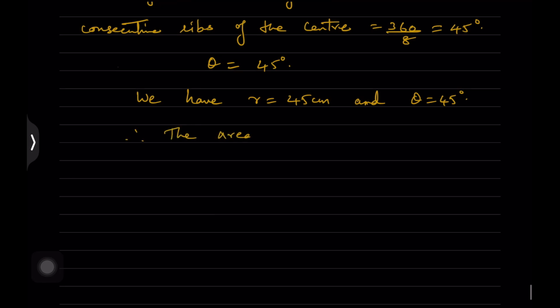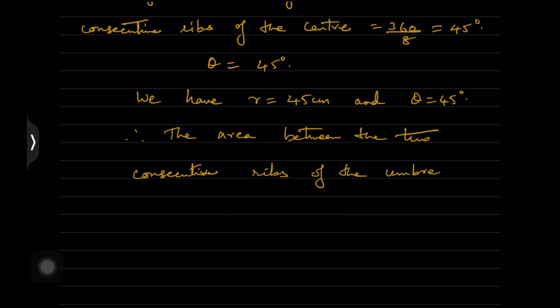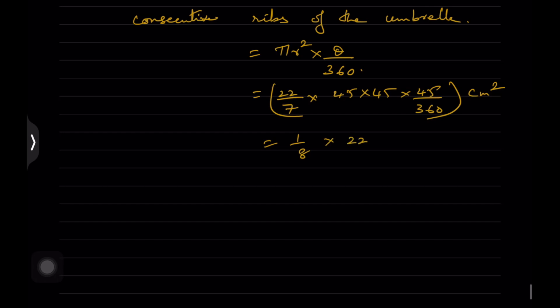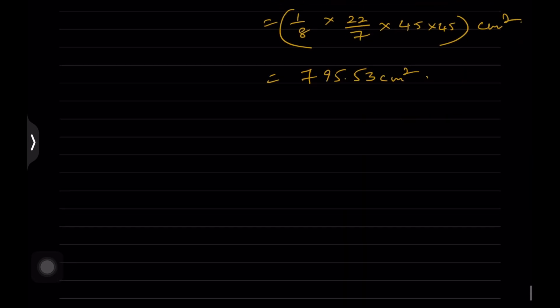Therefore, the area between the two consecutive ribs of the umbrella is equal to pi r square into theta by 360, which is equal to 22 by 7 into 45 into 45 into 45 by 360 centimeter square, which is equal to 1 by 8 into 22 by 7 into 45 into 45 centimeter square, which is equal to 795.53 centimeter square.